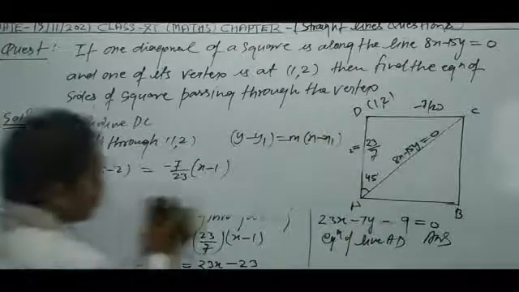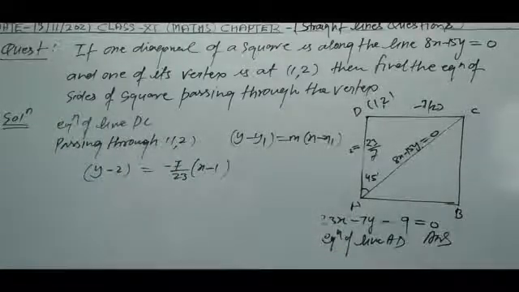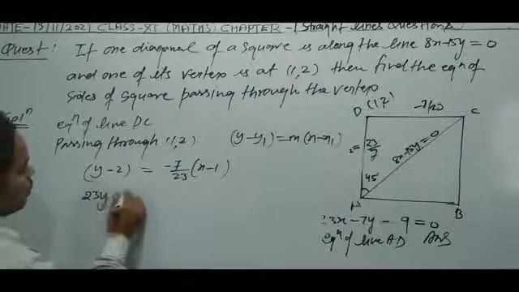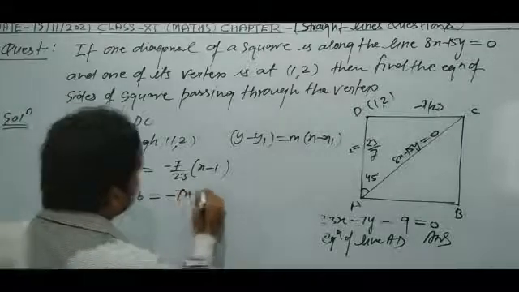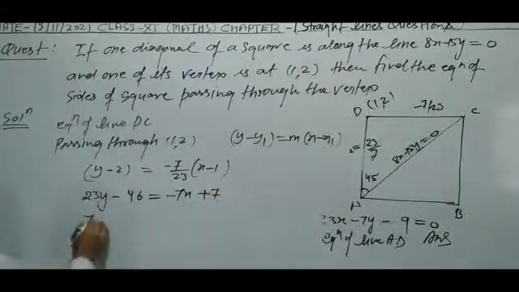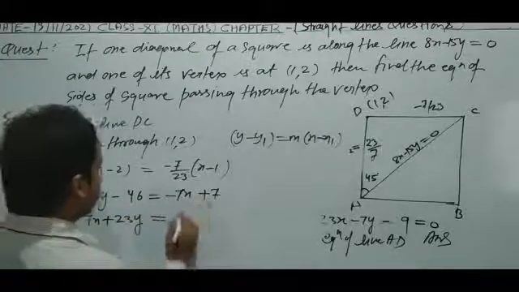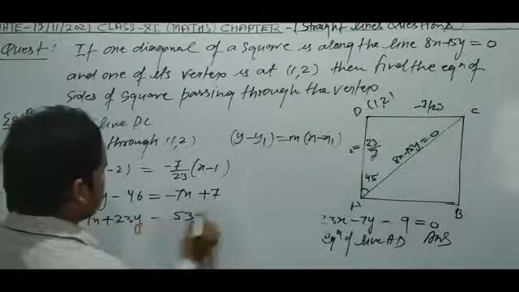Then we can solve this equation. What will be the result? 23y minus 46 is equal to minus 7x plus 7. So 7x plus 23y is equal to 53, so 7x plus 23y minus 53 is equal to 0.